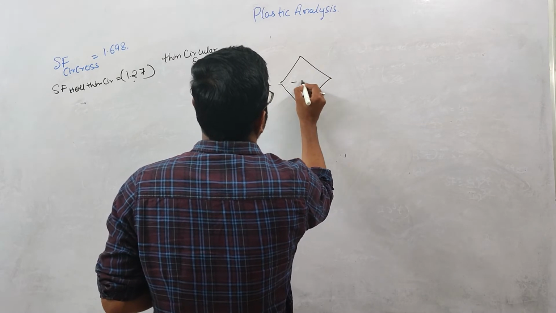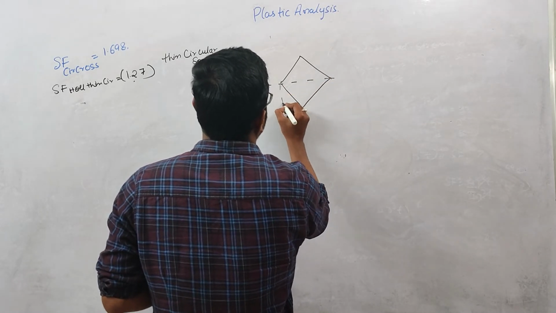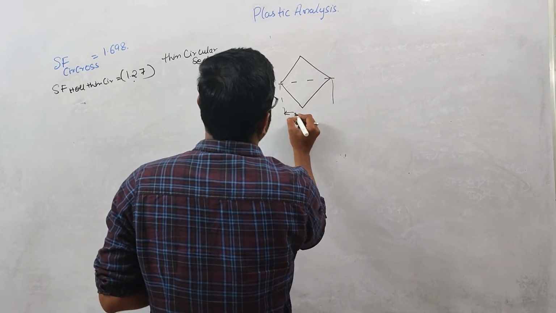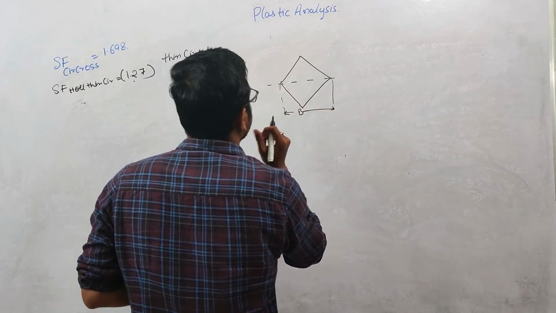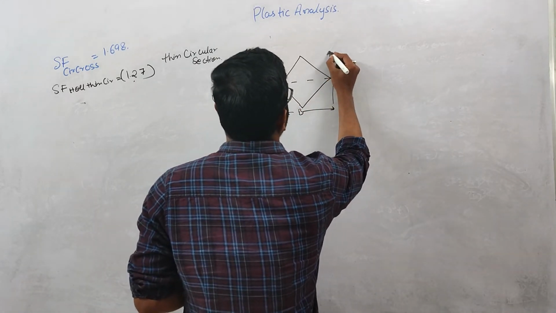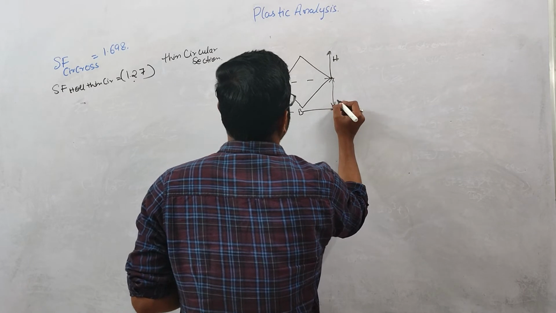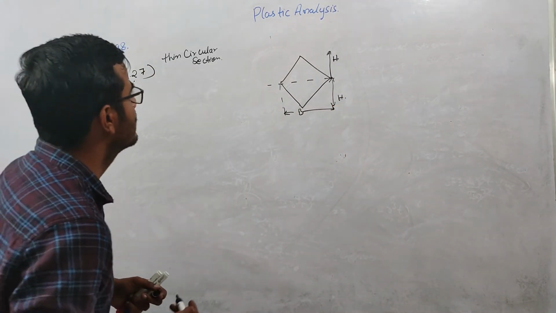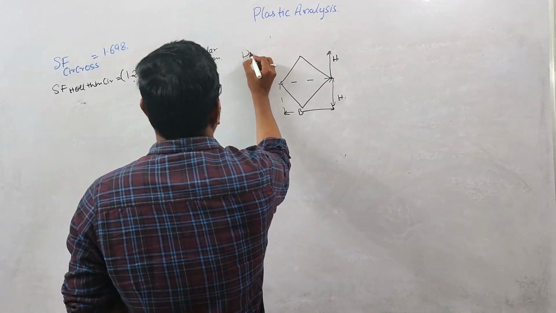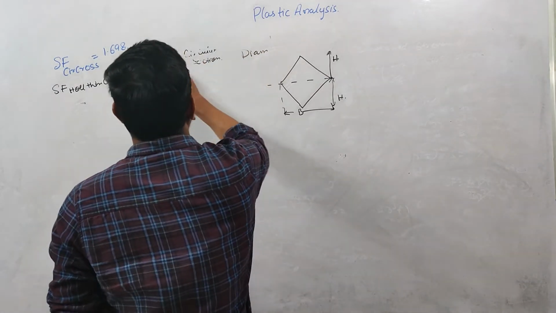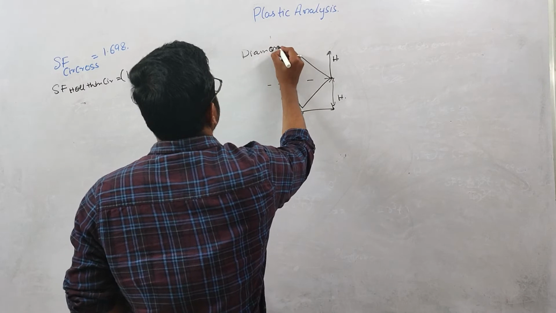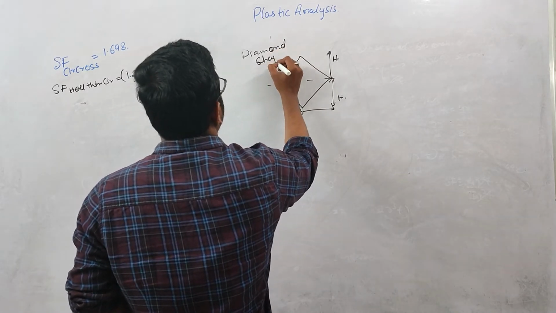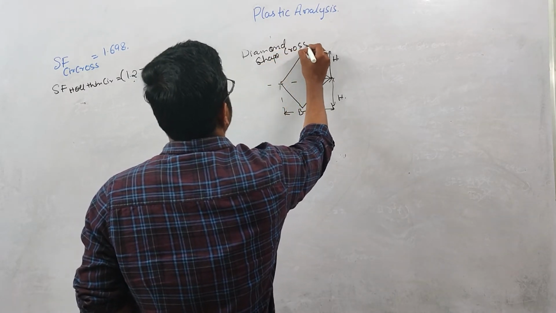This is the total width, which is B, and this is H, and here also this is H. We need to calculate the shape factor for this diamond shape cross section.